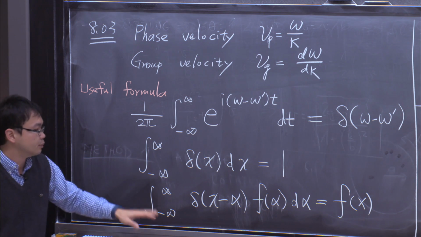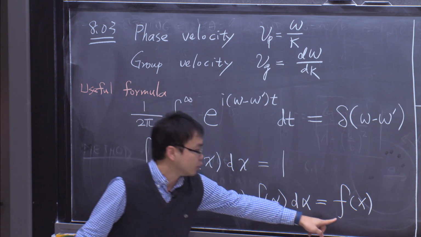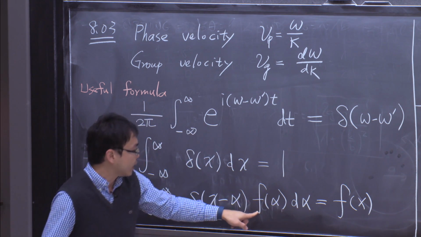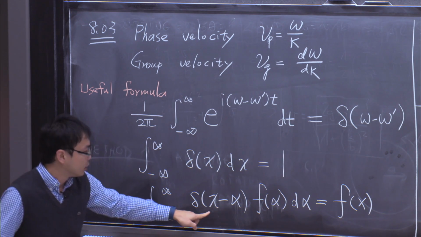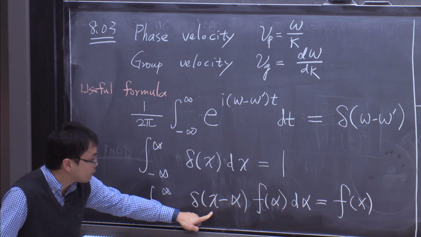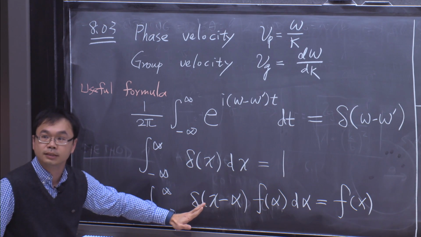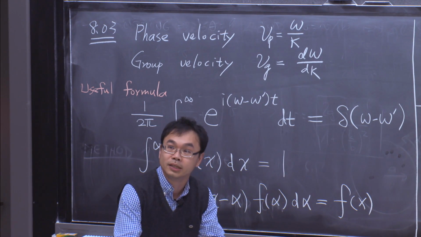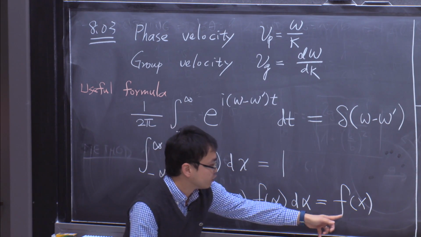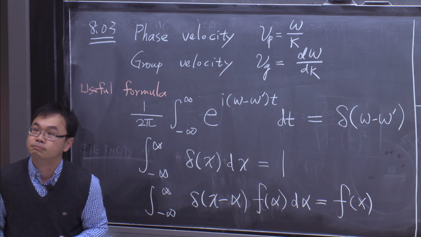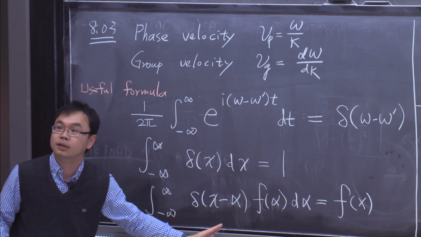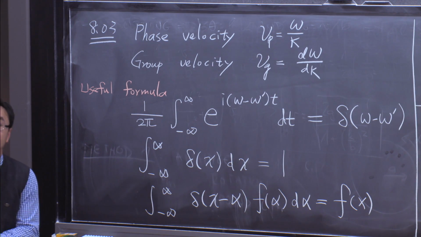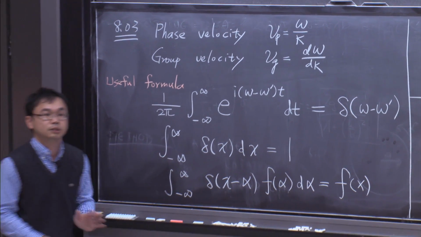The interesting thing is that when I integrate over alpha, only when alpha is equal to x is this non-zero. Therefore, you get only one point out of it, which is f of x. So that's the intuition about this formula. Any questions related to those formulas?